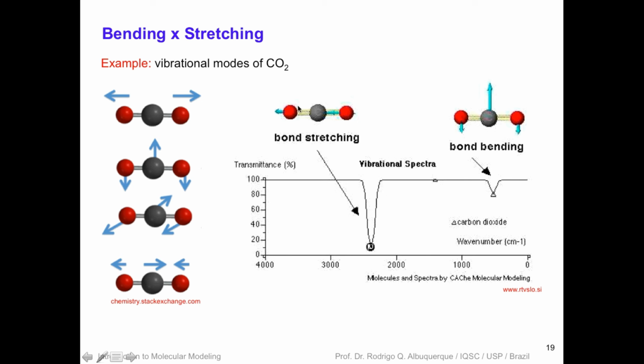The bond stretching has much higher energy, and that's why it is also associated with a higher force constant and higher frequency, and that's why it carries most of the potential energy from the previous slide. So vibrational modes have different frequencies or forces associated with them, or speed.